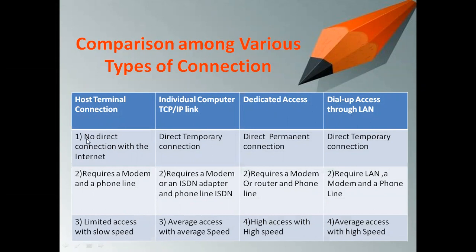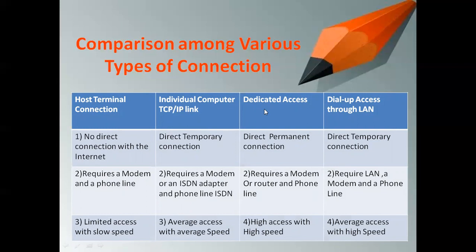The first one, host terminal connection, has no direct connection with the internet. As we learned already, it is not directly connected with the internet. TCP/IP is directly connected with the internet, but it is a temporary connection. So again and again we need to dial up; we have to connect whenever we want.